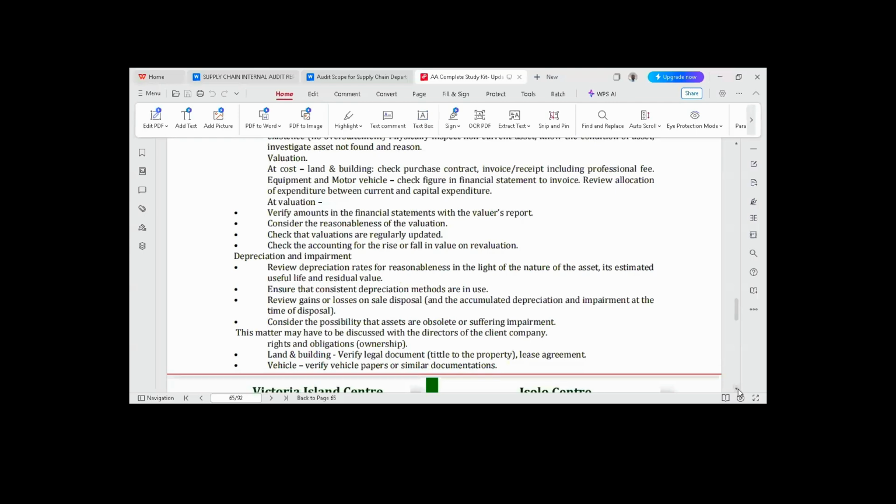If you go and put motor vehicle as 1 year, or maybe 7 years, how reasonable is that? Ensure that consistent depreciation methods are in use. That is, you must check that they have consistently applied the depreciation method. They have used straight line method for the past 5 years, not that they use straight line this year and the other year they use reducing balance method. They must adopt a depreciation policy and be consistent with it.